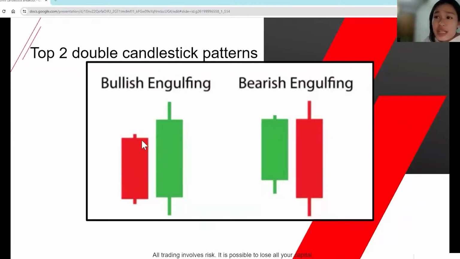We just have a shorter first candlestick, and then the second candlestick starting from the bottom of the first candlestick, and price is significantly longer compared to the first one. And that's the exact same for bearish engulfing, just that the colors have switched. Since obviously here we're looking at a reversal from a downtrend to an uptrend and an uptrend to a downtrend, as signaled by the names bullish and bearish. Okay, that's pretty straightforward, I think.